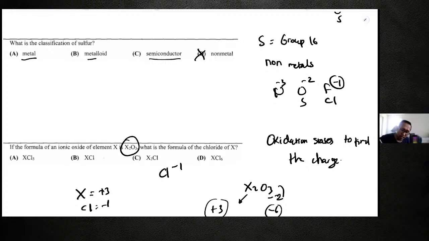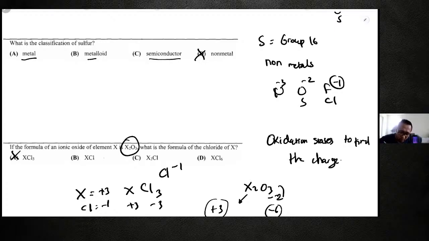So we can understand from here that X can be 1 and Cl should be 3, because this is -3 and this is +3. So the answer should be A.